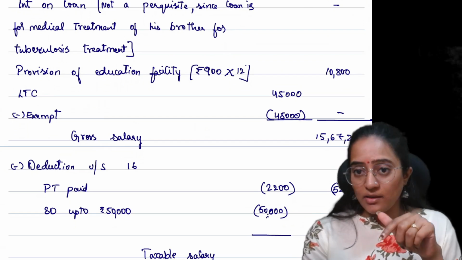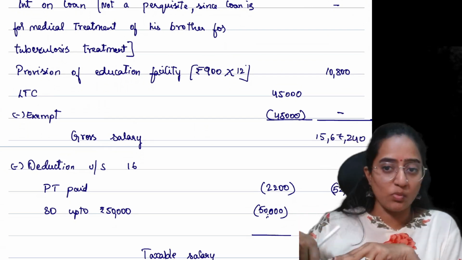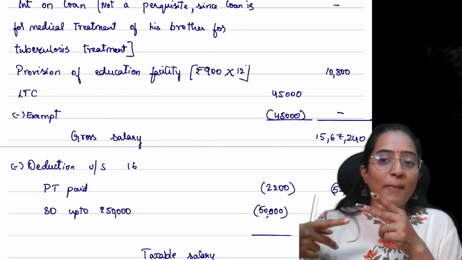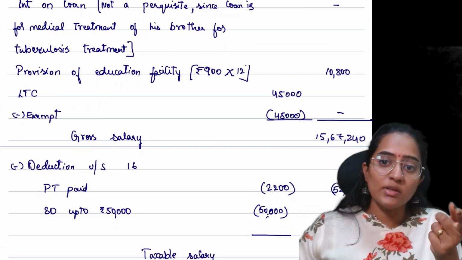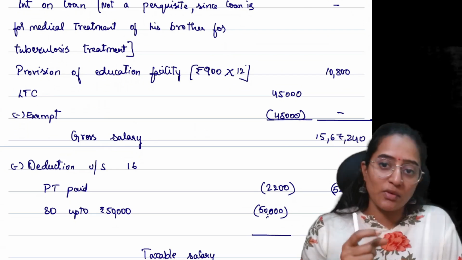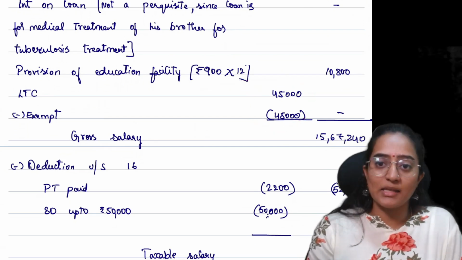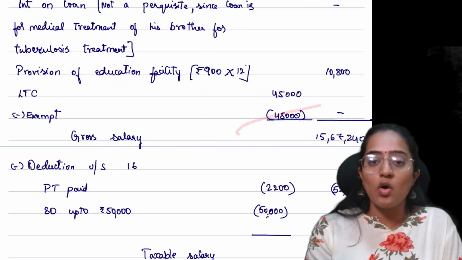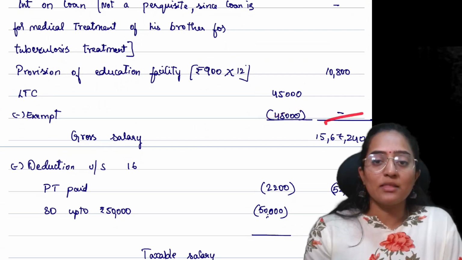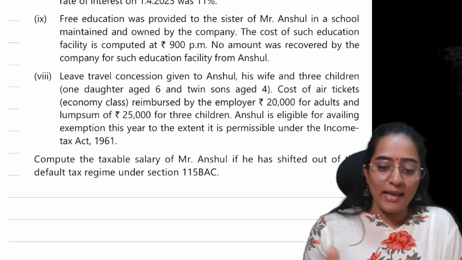But in case of children, the maximum of 3 children is allowed when the first born is one child and the second born is twins. In that case, the exemption is available for all 3 children, and the 45,000 rupees expenses he has incurred is going to be exempted for all. Hence, nothing is taxable over here. If you add everything, you will get the exemption.